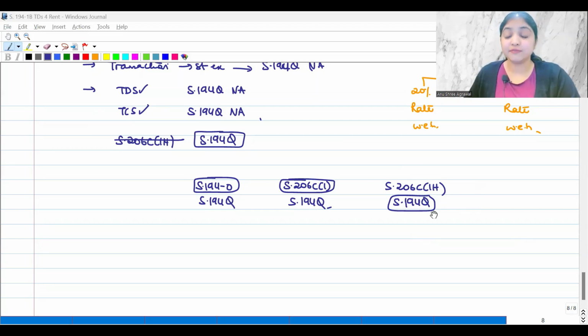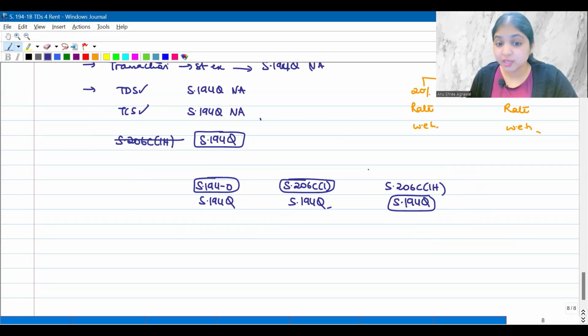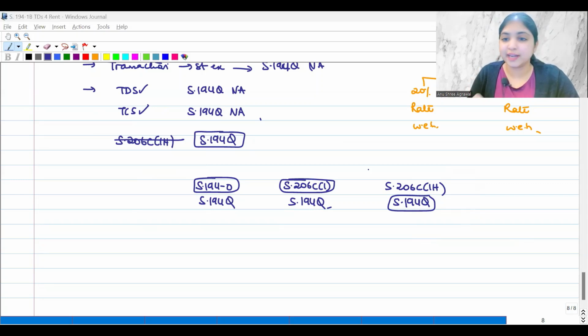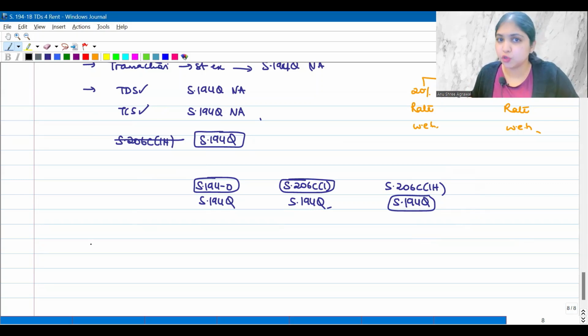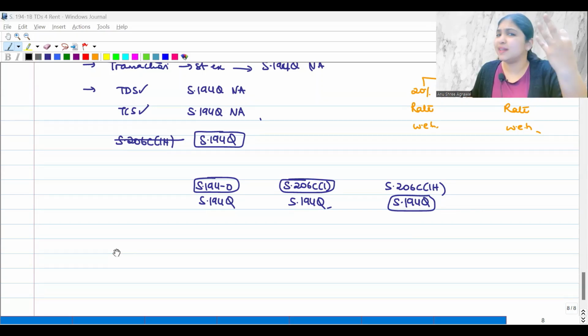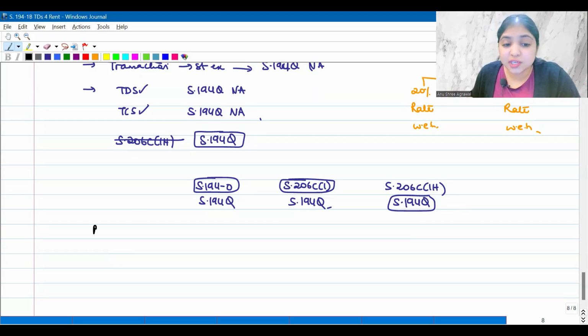So this was a very, very important discussion with respect to section 194Q. Now listen, if I have to summarize section 194Q, you can summarize it into three simple conditions, guys. Condition number 1, the buyer should be a person whose preceding previous year turnover is more than 10 crore. Condition number 2, no other TDS should apply, no other TCS should apply.